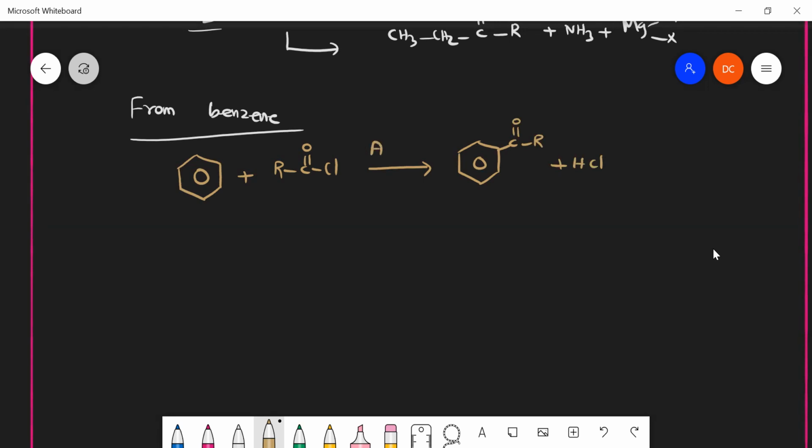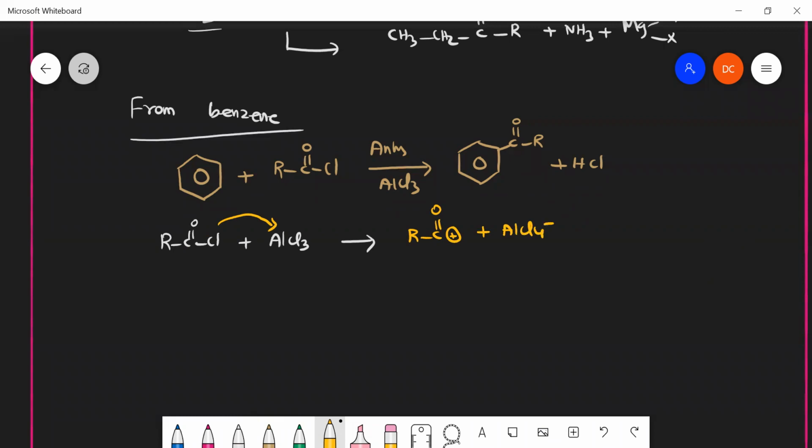So this is with anhydrous aluminum chloride. The reaction is very simple. When R-C double bond O-Cl reacts with AlCl3, we know that AlCl3 is a Lewis acid. It tries to accept an electron pair from chlorine. So R-C double bond O plus is my electrophile, then AlCl4 minus.